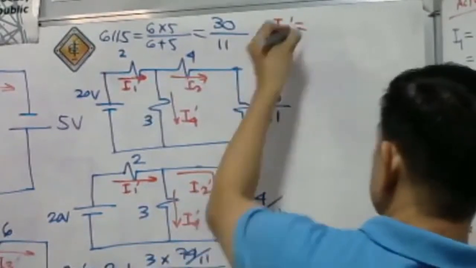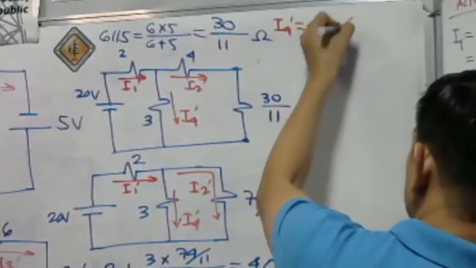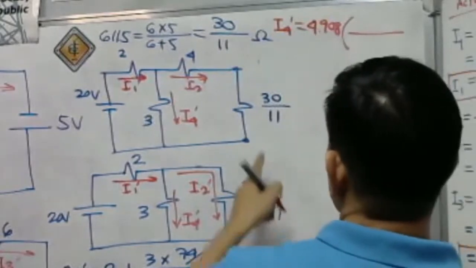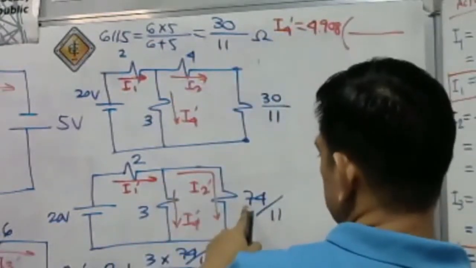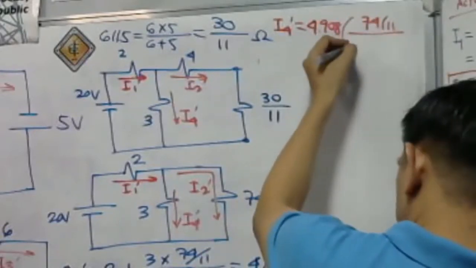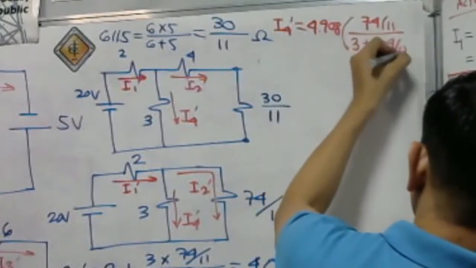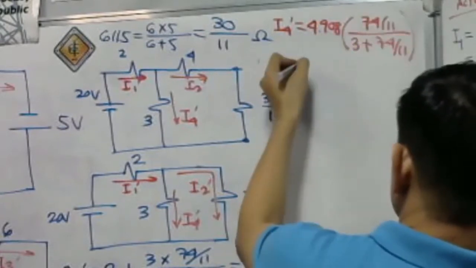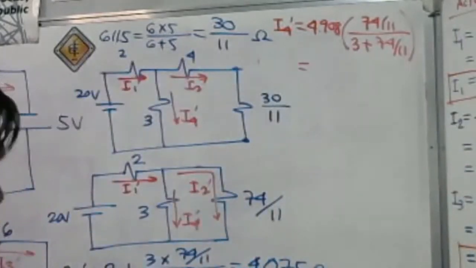I1 prime is 4.908, then multiplied by the opposite, which is 74 over 11 over 3 plus 74 over 11 ohms. Then what is I4 prime?